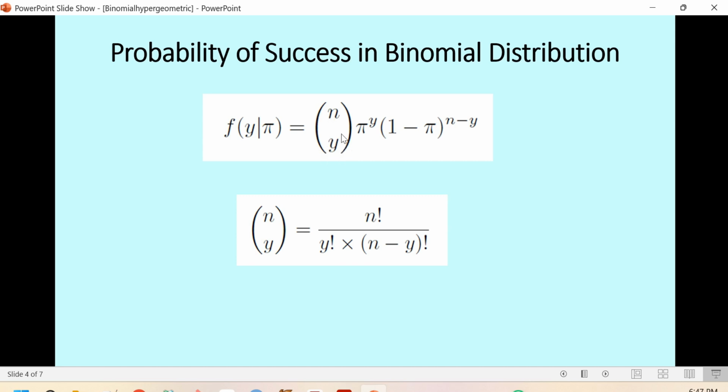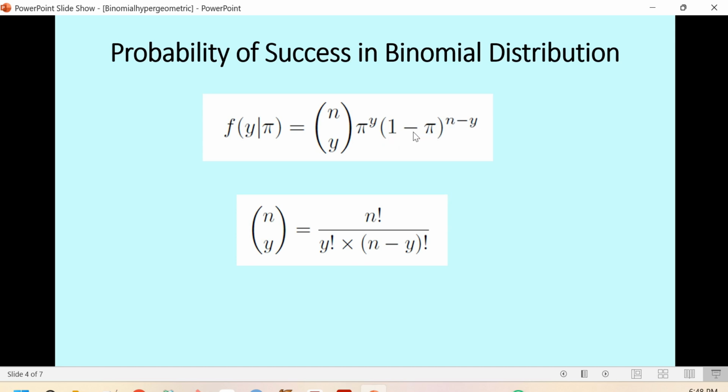The y is the number of successes, the red boxes, and pi is the constant probability for each trial. This is the proportion of red balls in the population. Here we have 10 balls, but 6 are red, so pi is 0.6, and 1 minus pi is 0.4, the constant probability for the blue ball. So if we have y reds in the sample, pi is raised to the power y, and 1 minus pi is raised to the power n minus y.